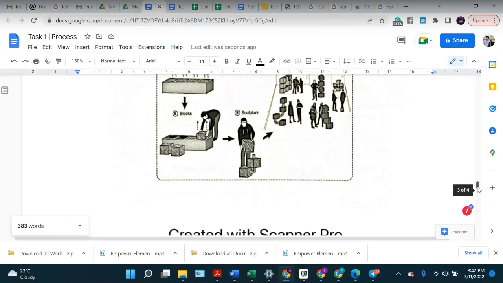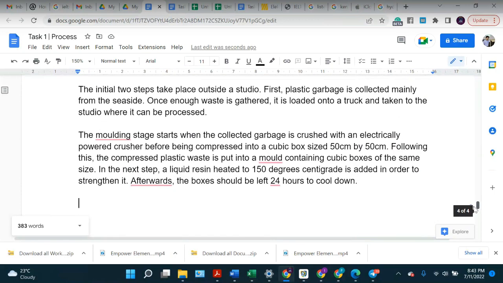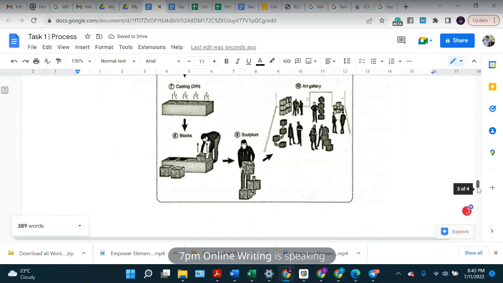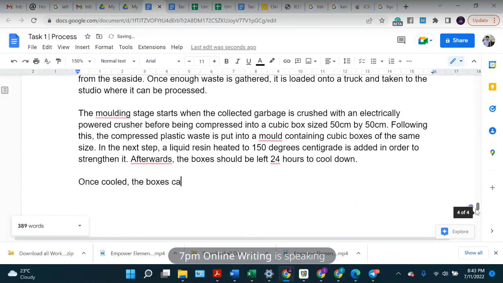I did not notice that, but it's good that you didn't use the cool in past participle version, because in the next paragraph we could start after they are cooled. They are removed from the mold after the. Maybe you can say once they are cooled, right? Yeah, once. Maybe once cooled. Once cooled, the boxes, right, can be. Would be. I think. Okay. Yeah, I keep saying can be. Are carefully, maybe, right? Removed from the molds.